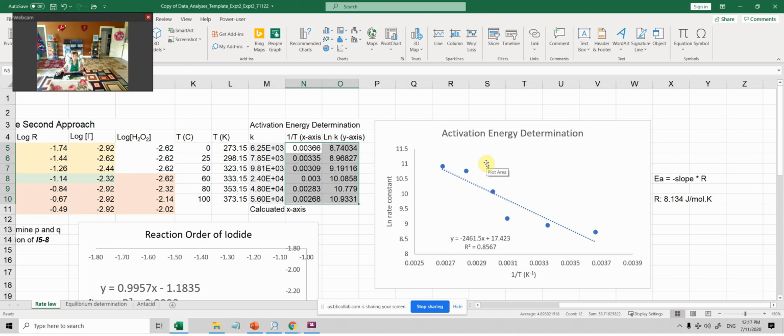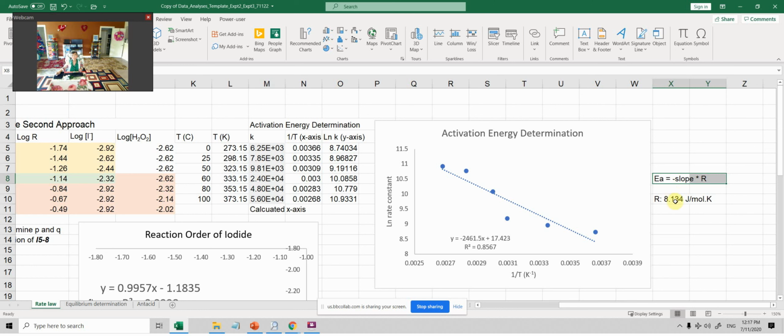The slope equals the negative activation energy divided by R. So slope equals negative Ea divided by the ideal gas constant. Your Ea, activation energy, can be calculated using negative slope times your ideal gas constant.